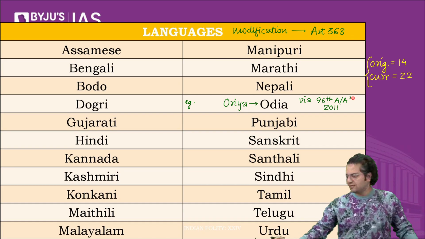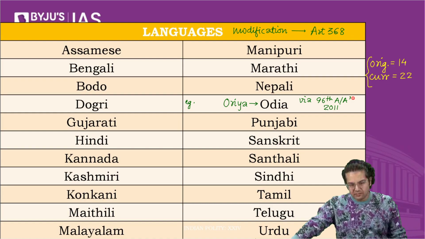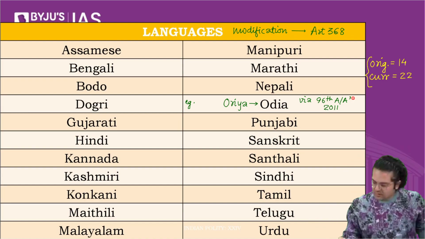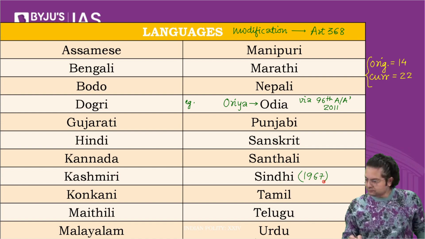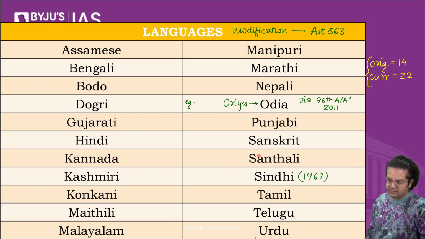So there have been various additions, like Sindhi was added in 1967 through the 21st Amendment Act. 1967. 368 special majority.